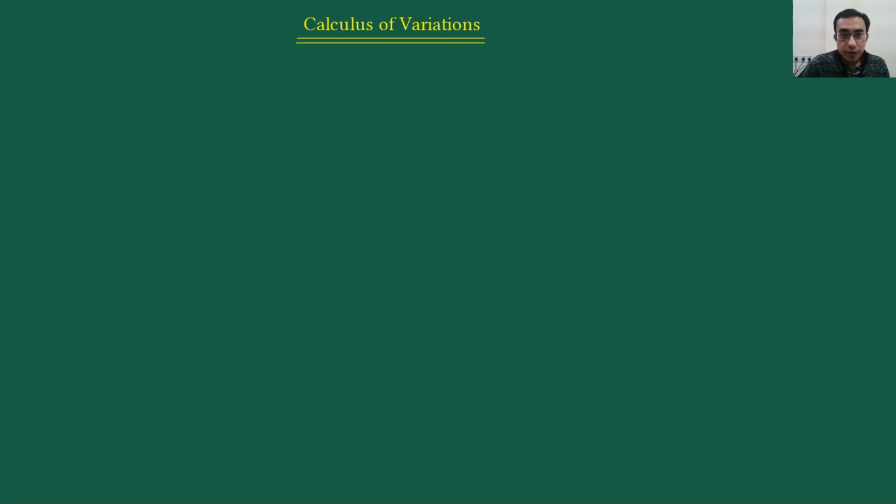Now, I want to think of this chapter much in the same way that we had addressed the first chapter in our previous course of applied elasticity, which was mathematical preliminaries. So this first chapter of calculus of variations here is like the mathematical preliminaries of advanced mechanics of solids.